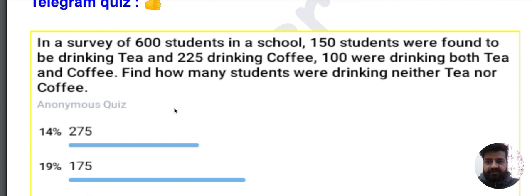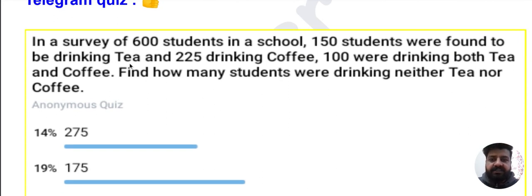So first look at this. In a survey, 600 students in a school, total students. So it will be a universal set because it contains all the elements, and the elements are students. 150 students were found drinking tea, and 225 drinking coffee. 225 students drink coffee and 150 students drink tea, and 100 were drinking both.